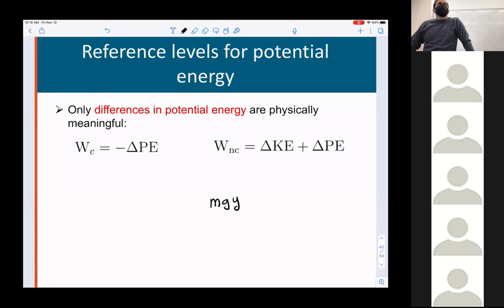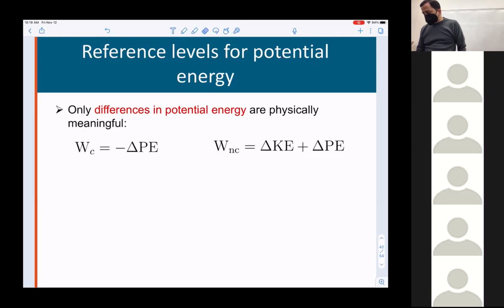There's some reference level, some sort of sea level where you're saying y is zero. And then if I say something has a potential energy of mgy, then that is the potential energy with the convention that your sea level is y equaling zero. So it's in reference to that point.